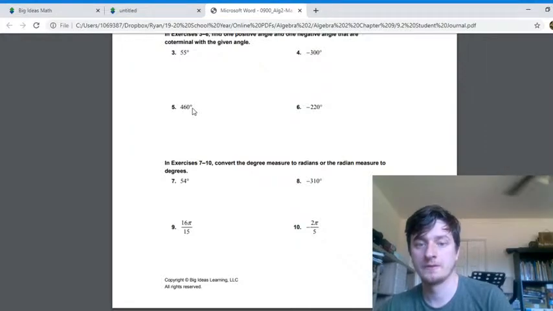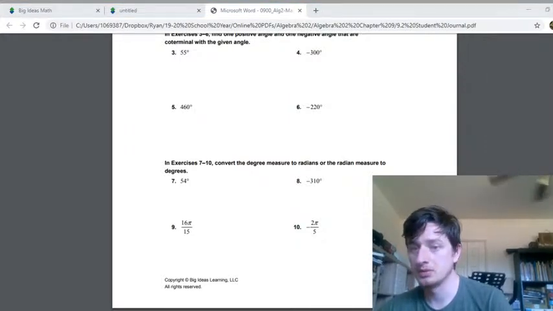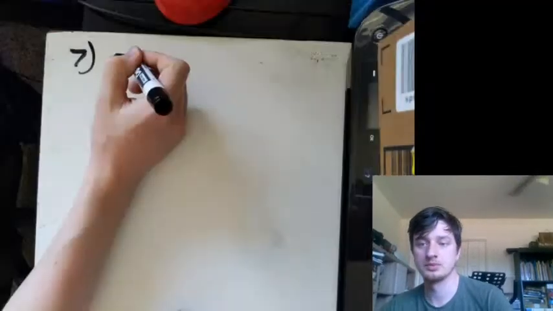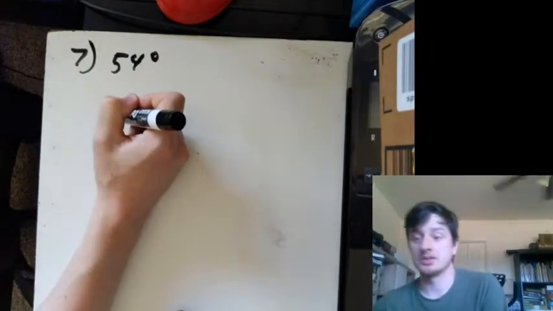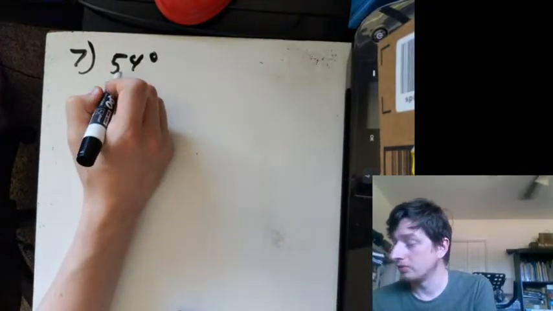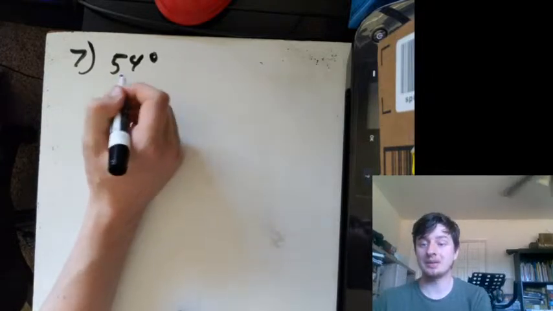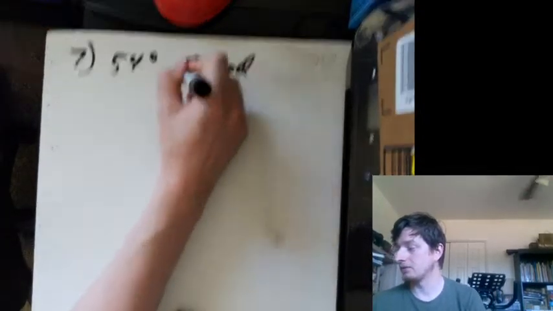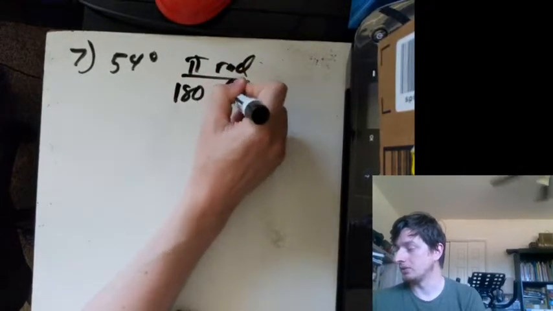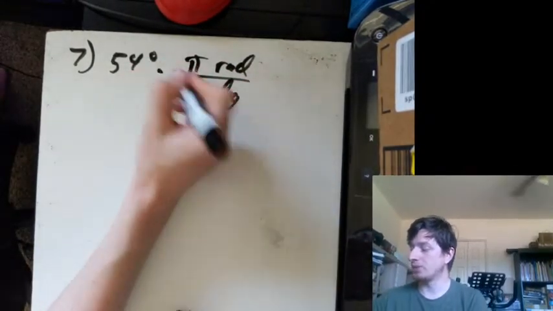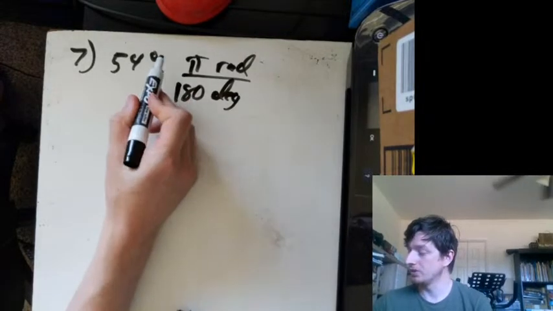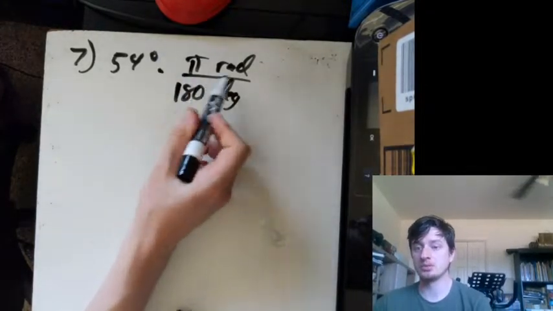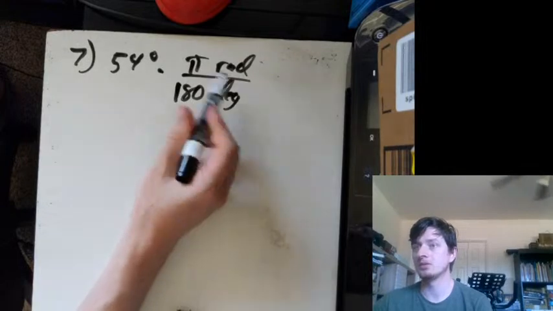So we have number 7. It's 54 degrees. We want to convert this to radians. It's in degrees, so we need to divide by degrees. So it's pi rad divided by 180 degrees. Multiply those. The degrees and the degrees cancel out. This is equal to 1, so we're not changing the value, even though it doesn't look like a 1.